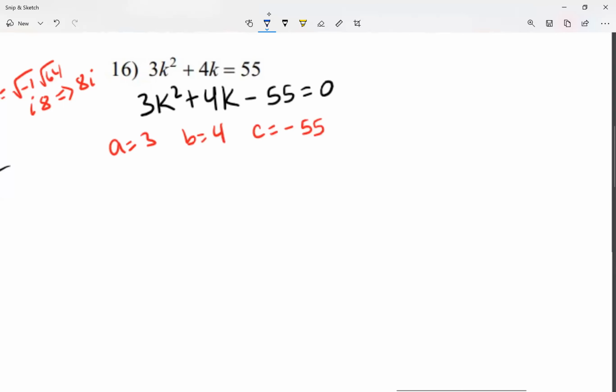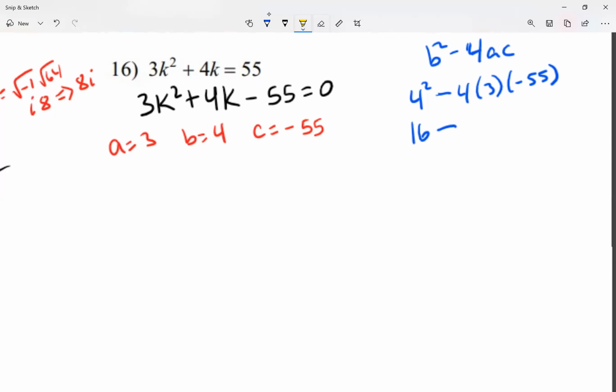Let me work on my discriminant first. B squared minus 4 times A times C. So I have 4 squared minus 4 times 3 times a negative 55. I know 4 squared is 16.